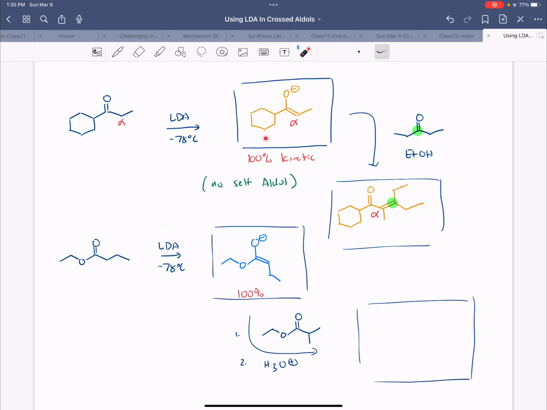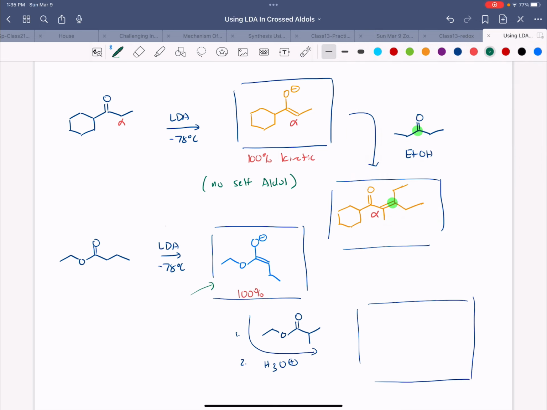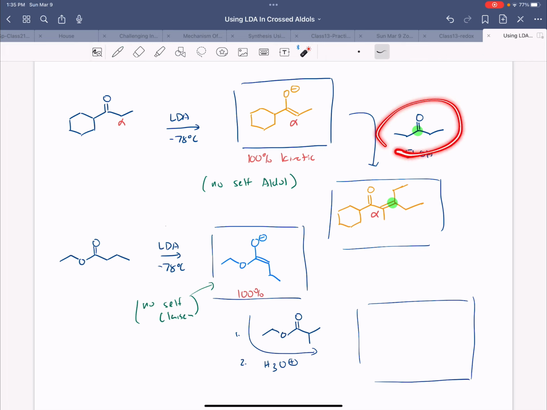You just have to draw the correct enolate. And for this one, the second one, because we have 100%, there's no self-Claisen. Meaning that we're going to have to bring in another molecule to make the aldol, another molecule to make the Claisen product. Okay, so the Claisen product looks like this. Remember, you kick out the leaving group of the ester you attack.